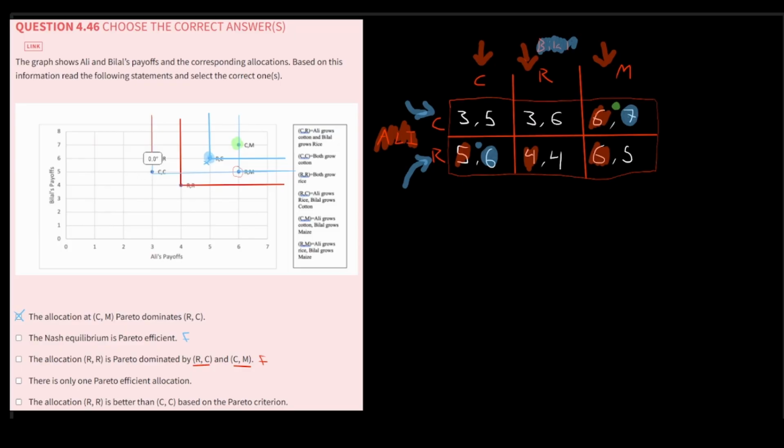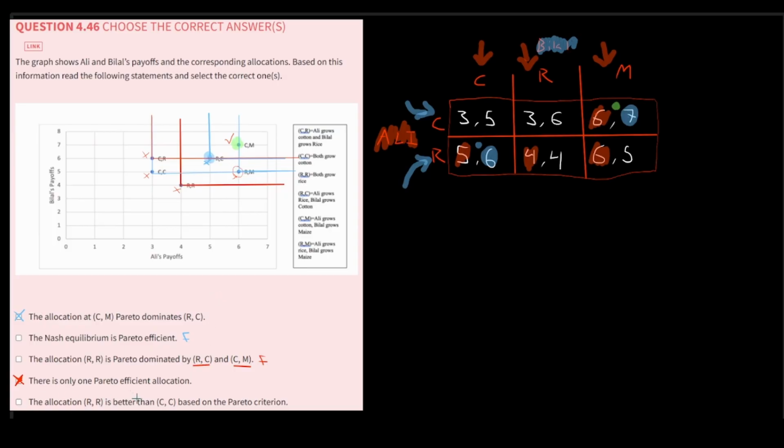Well, CR is Pareto dominated by both RC and CM. So as we went through this, Pareto inefficient, Pareto inefficient, Pareto inefficient, Pareto inefficient. We only actually have one outcome, which is Pareto efficient, and that is CM. Everything else is Pareto dominated by something else. So yes, there is only one Pareto efficient allocation in this payoff matrix here.